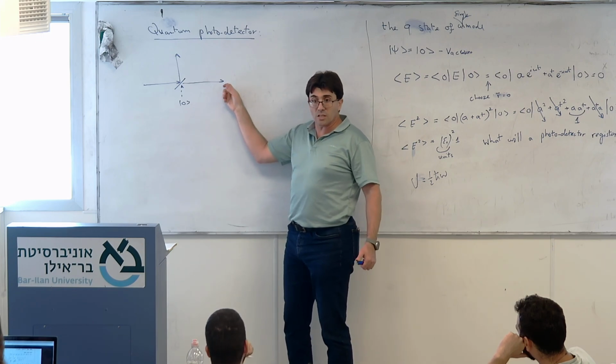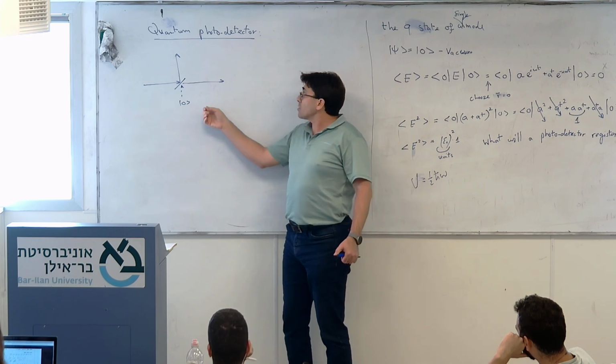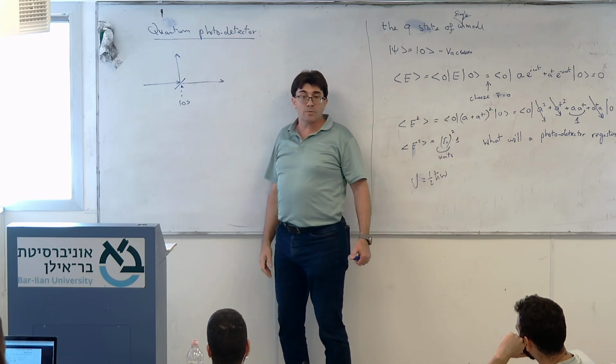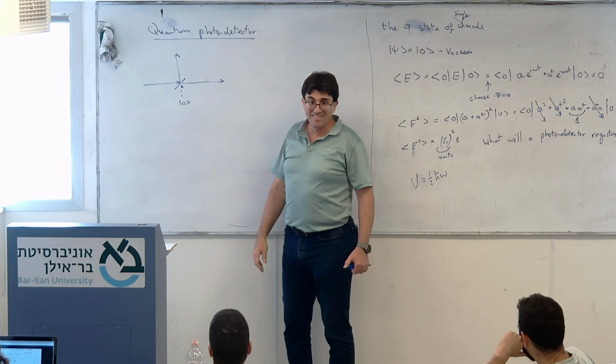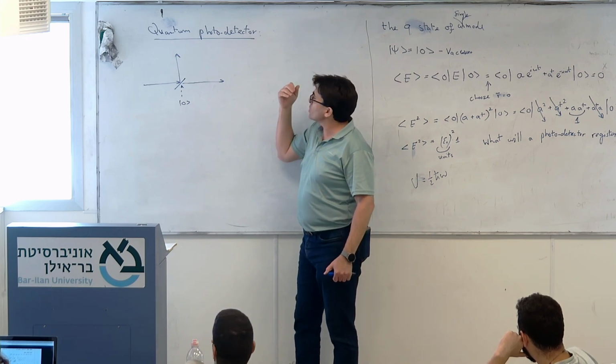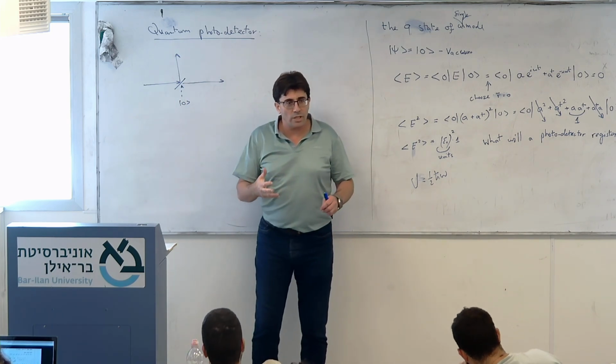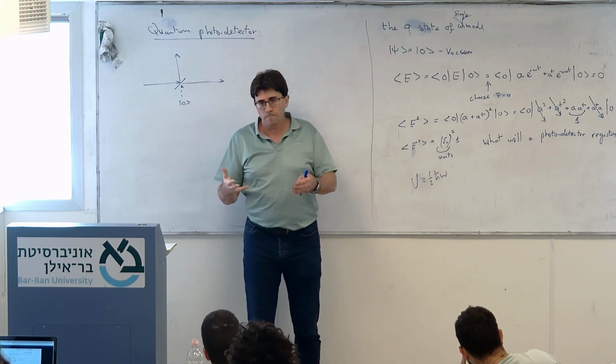This intensity will fluctuate, and you will ask why? Because vacuum entered the beam splitter from the other side. Classically a beam splitter generates two perfect copies.